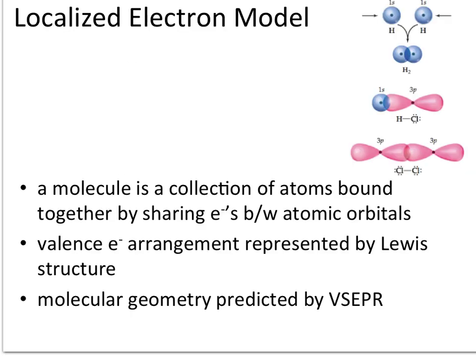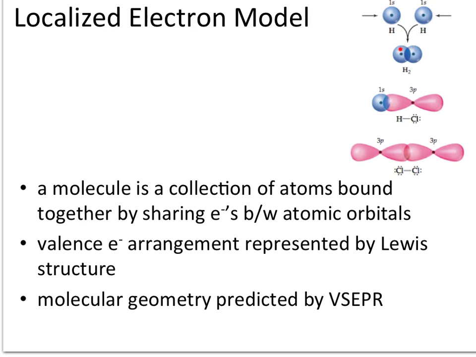So the localized electron model basically analyzes bonds by looking at the orbital overlap of atoms within a bonded molecule. In this case, what we see is that valence electrons in the two 1s orbitals of these hydrogen atoms come in close proximity, overlap, and share their electrons.